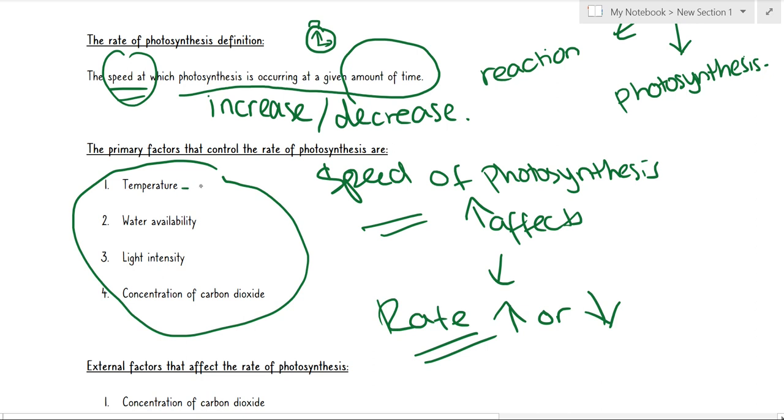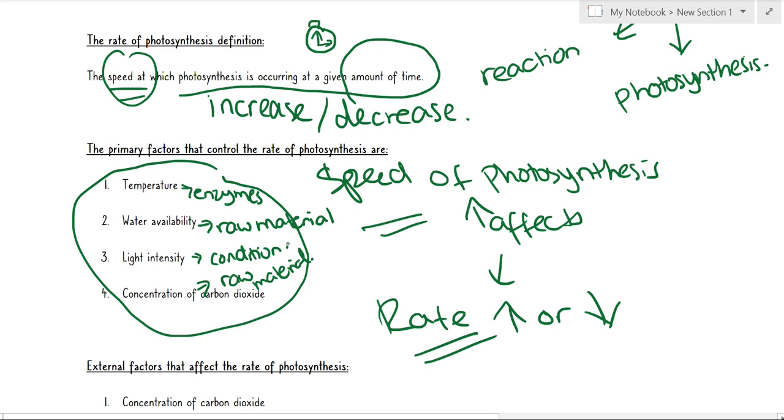And this is really important because photosynthesis relies on enzymes. Water is really important as well because water is a raw material for photosynthesis. Carbon dioxide is also a raw material. Light intensity is a condition.